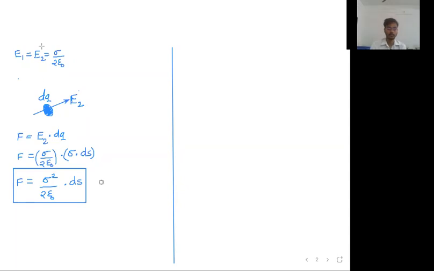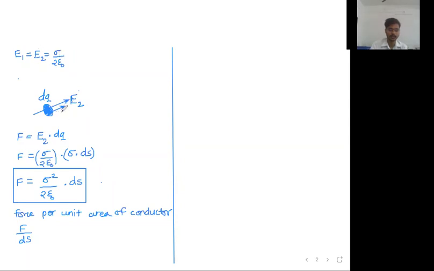But we wanted force per unit area, so write down force per unit area of conductor, which is equal to the force on the conductor divided by the area on which that force is acting. The force F is actually acting on the area ds.